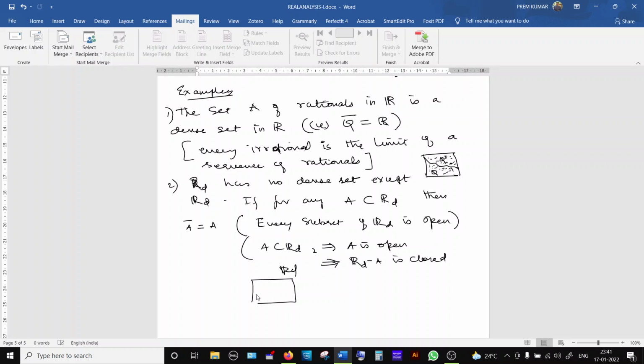Suppose this is R_d and this is the subset A, and this is R_d minus A, the complement. R_d minus A is closed, which means all the limit points of this set are inside it.